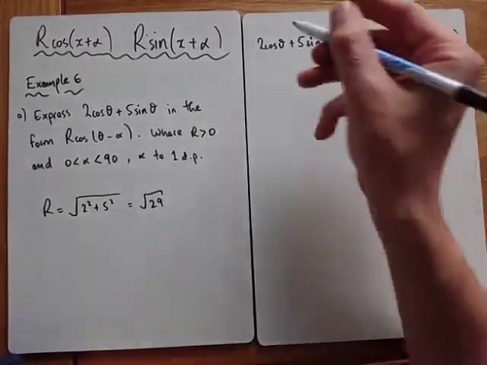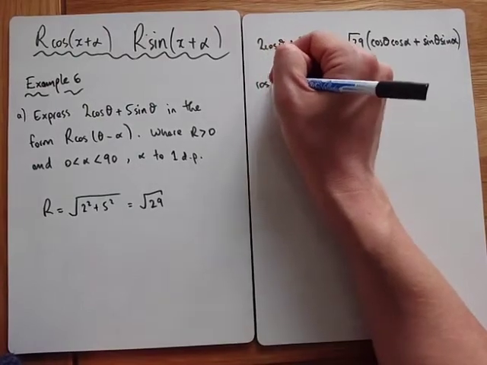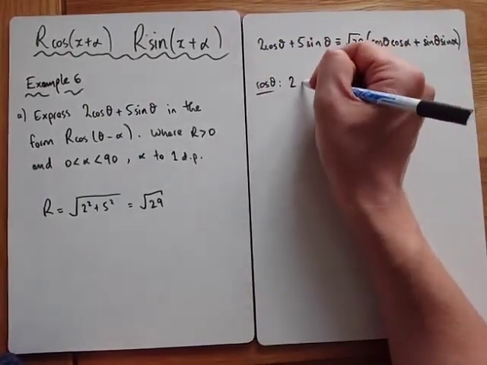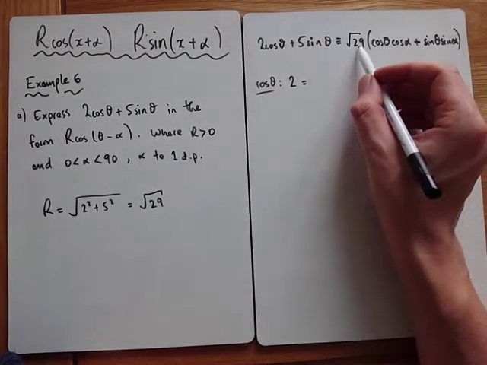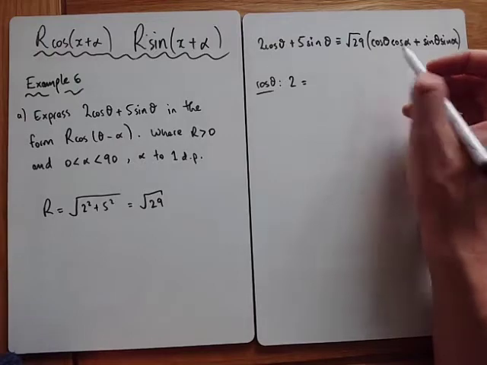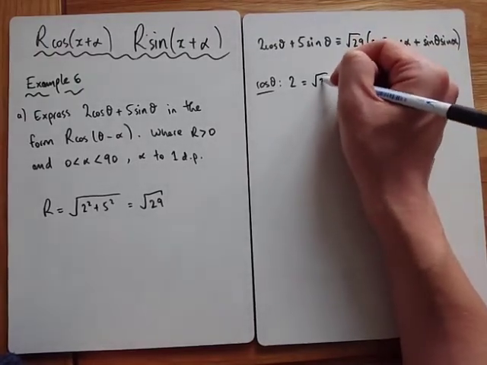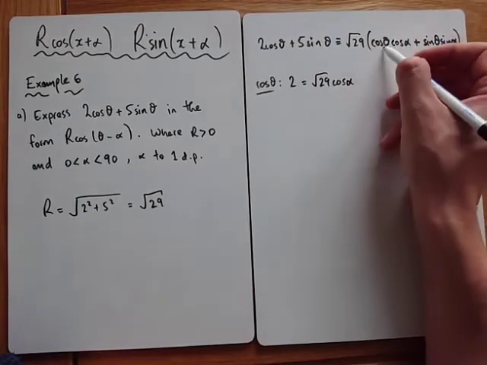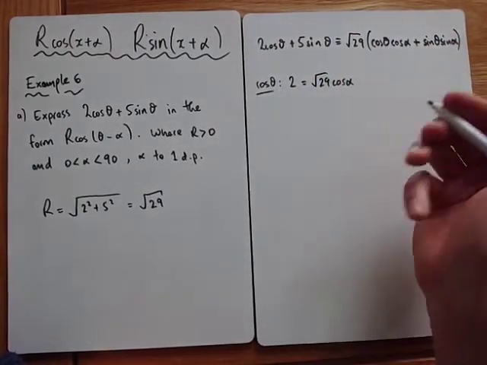Equate both sides. Let's do the cos thetas. So how many cos thetas are on the left? 2. How many cos thetas are on the right? Root 29 and cos alpha. Don't forget the cos alpha. The whole point of us doing this is we're trying to find alpha, isn't it? So that would be what we multiply by the cos on the right and that on the left.